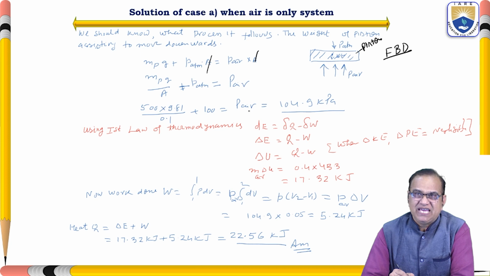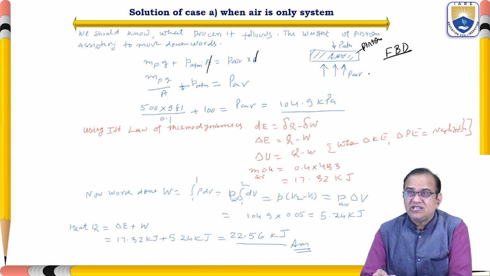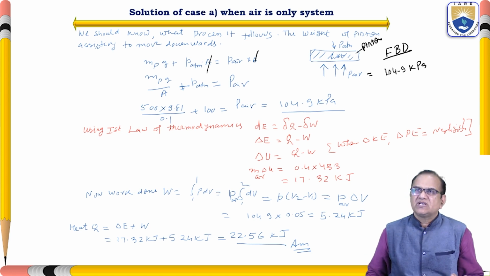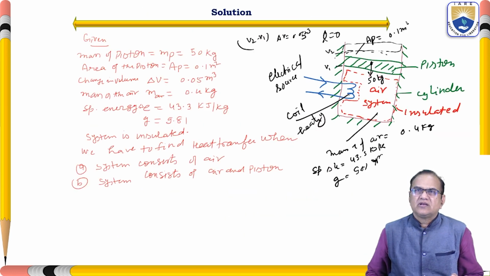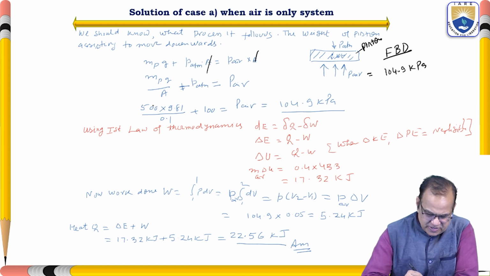So this P air is equal to 104.9 kilopascal. So this we have got here, and here it is 50 kg.